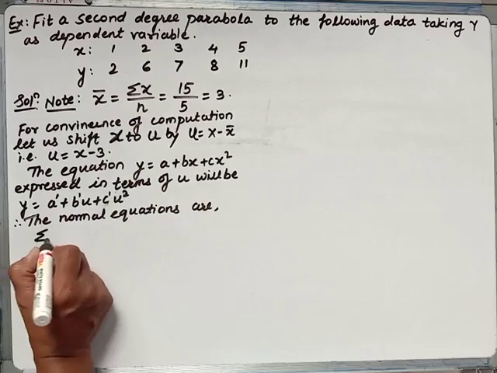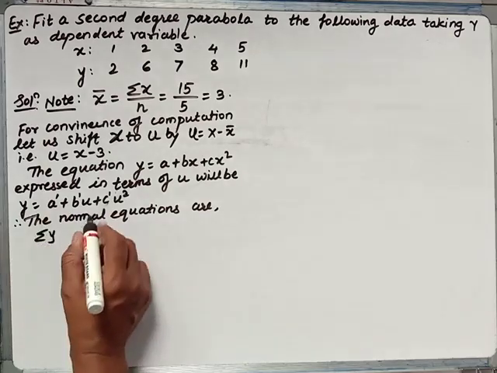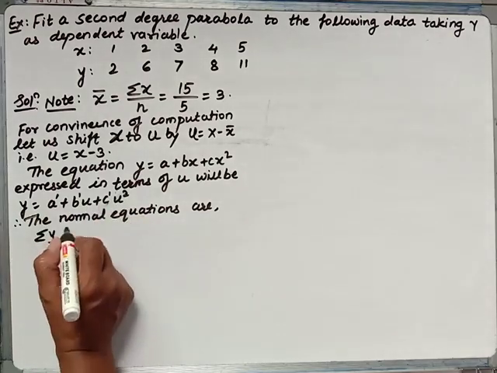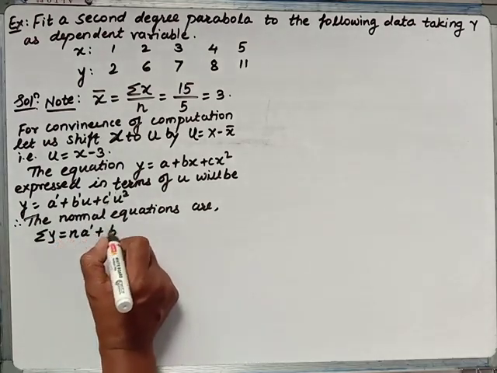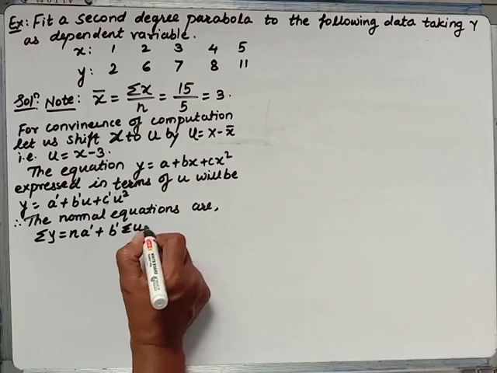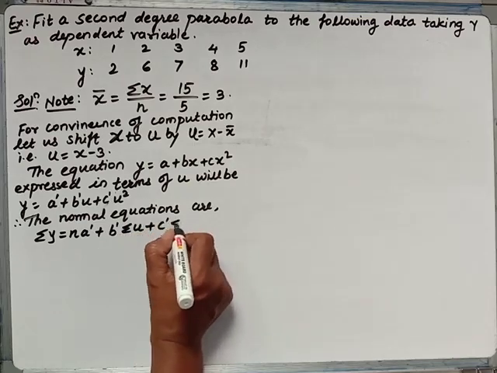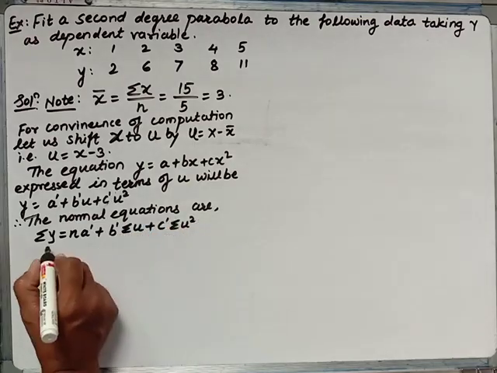So they become summation y. In place of x we have to use u. So summation y equals n a dash plus b dash summation u plus c dash summation u square.